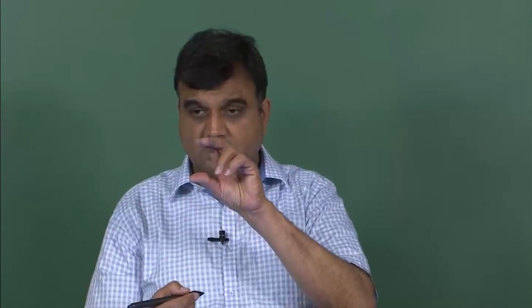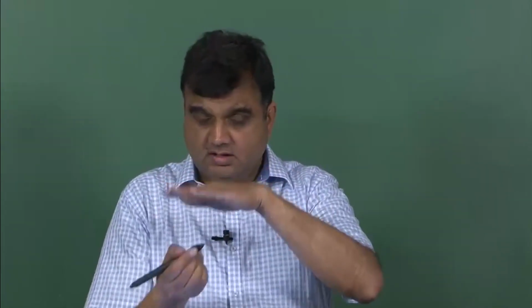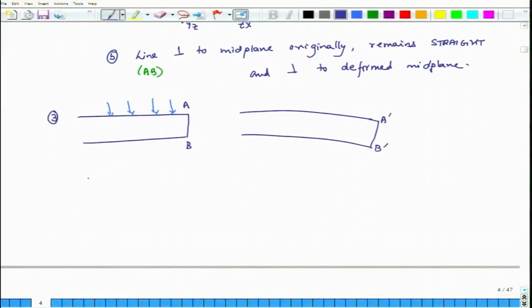There is no force compressing the plate from both sides. So, the length of line AB does not change. Mathematically, this means that epsilon z is equal to 0. So, these are the three assumptions which we make.